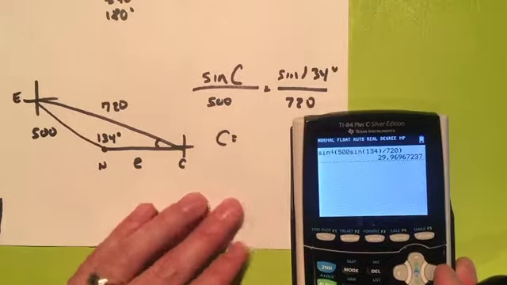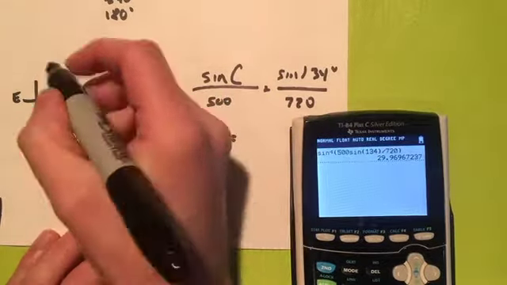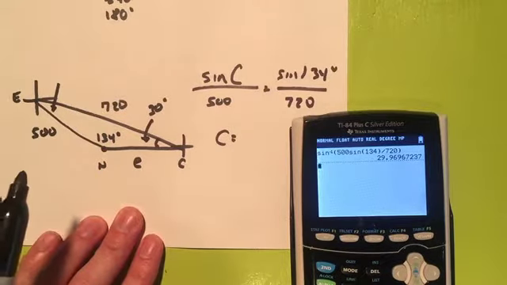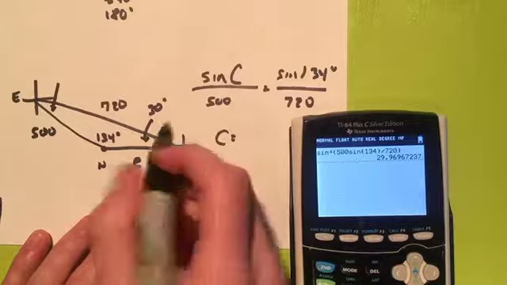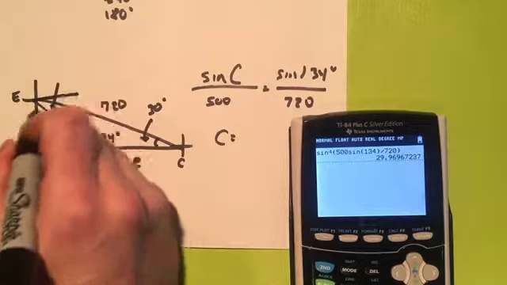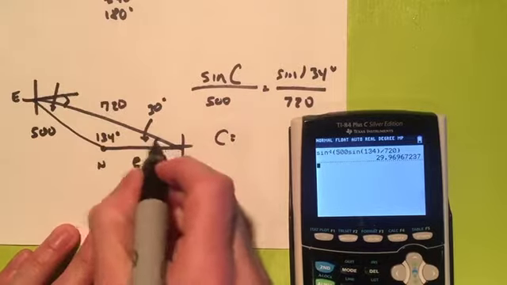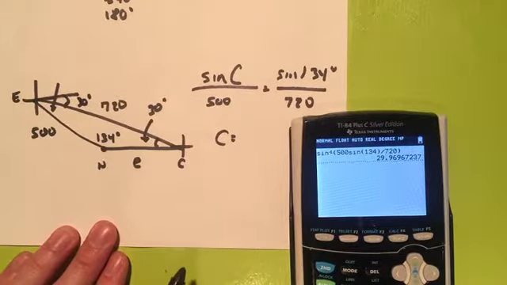I'm just going to say that's 30 degrees, meaning that that angle in there, actually, I don't even care about it. Because if we're finding the bearing, well, if this is 30 degrees up here, because this is west, this is east, those are alternate interior angles, that is also 30 degrees.